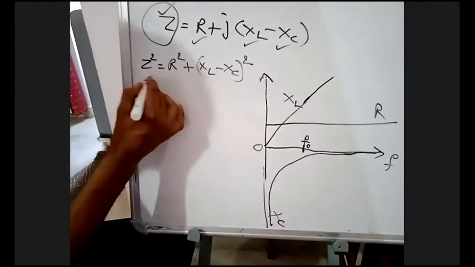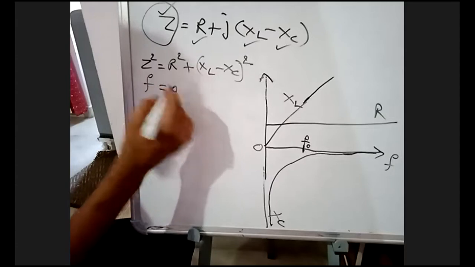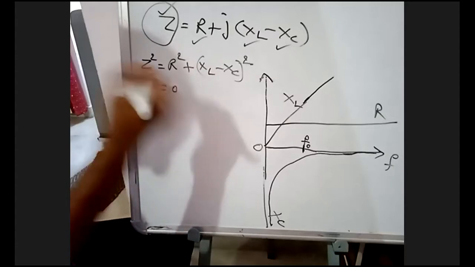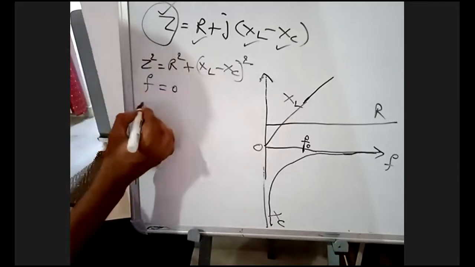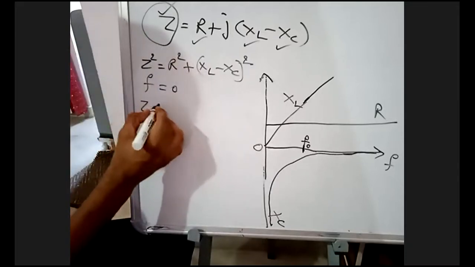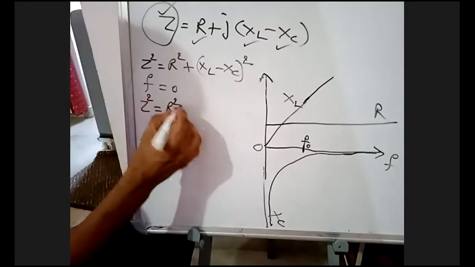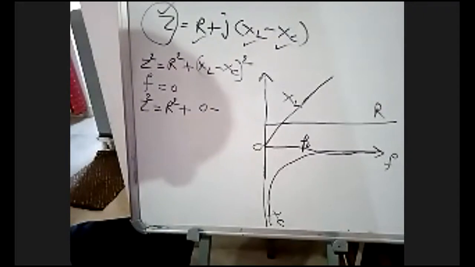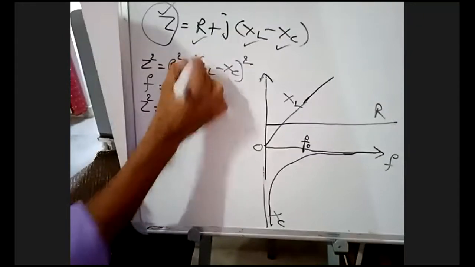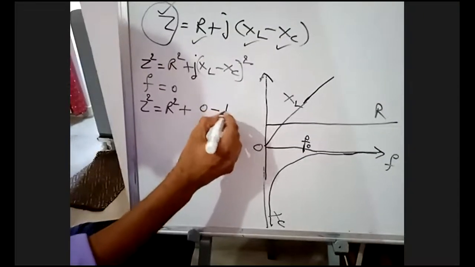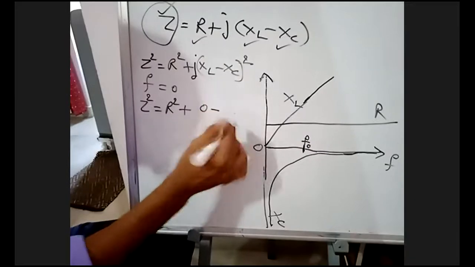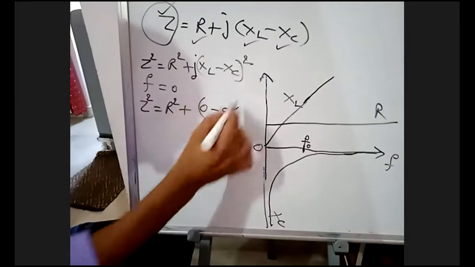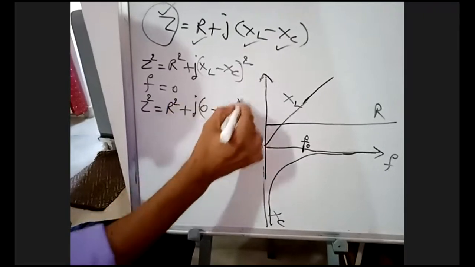Now let us take F is equal to 0 as the first case. What is XL? 0. What is XC? Infinity, 1 by 0 is infinity.